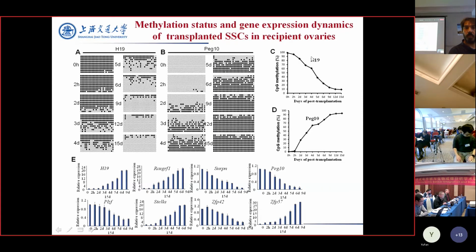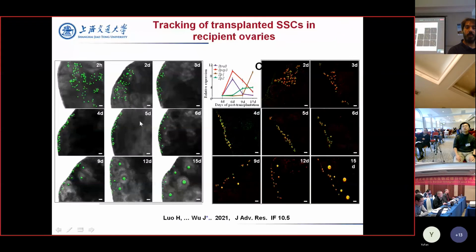We can see H19 expression goes down little by little, day by day, and Peg10 goes up day by day, and they cross between day 4 and day 5, just when the cells reach the surface on day 4.